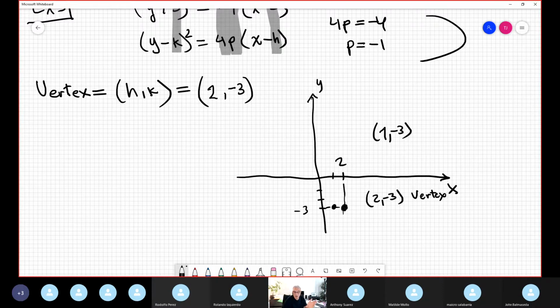It's no big deal. You know the direction, to the left. Now the directrix is the same distance, but in the other direction. So it's here at 3. This is at 1, this is at 3. It's a vertical line at x equals positive 3.